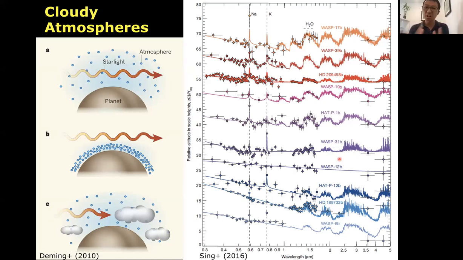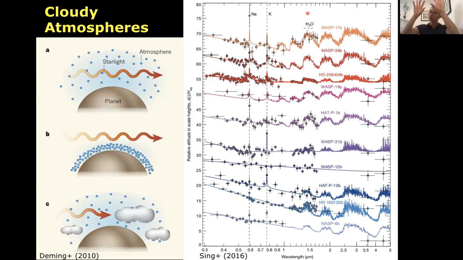And in the near infrared, here is the water band. We predict how much water is there from thermodynamics, and if you don't see these kinds of water features, if you see very flat spectra, you know there is something there. And indeed, from our current about 40 samples, 40 planets, we found a very interesting trend.